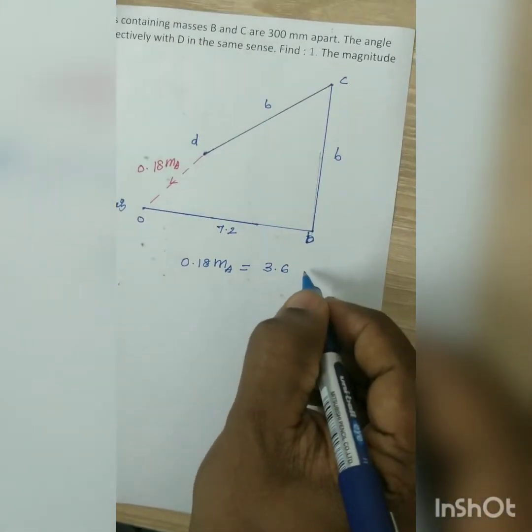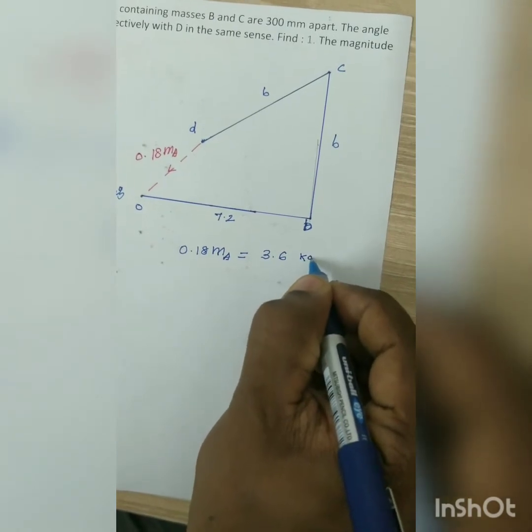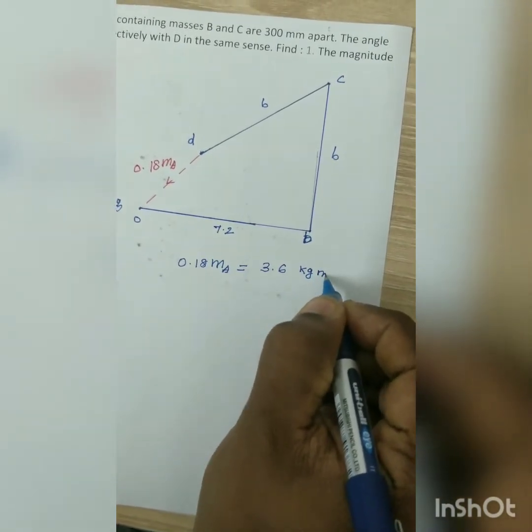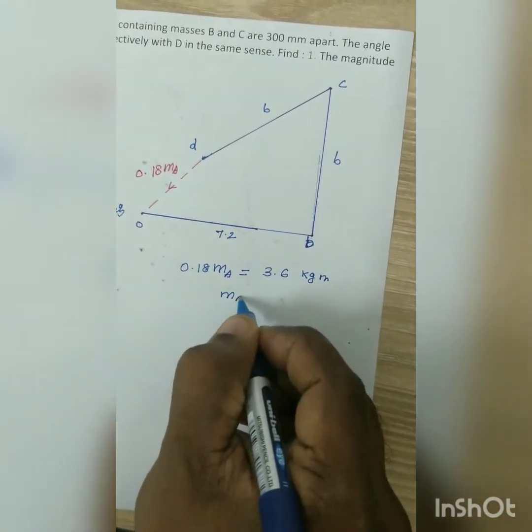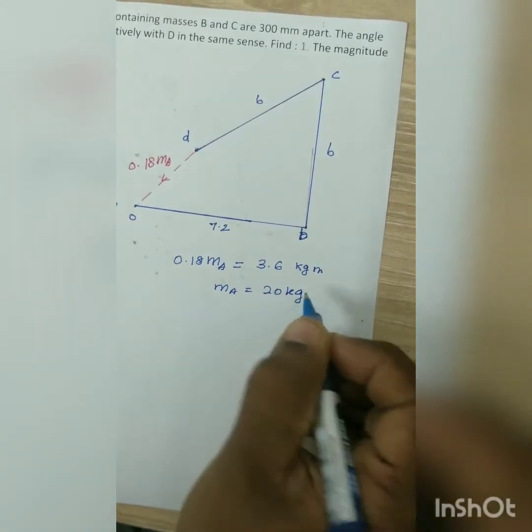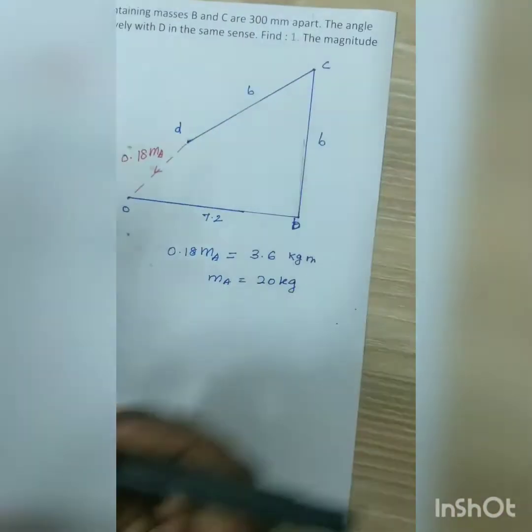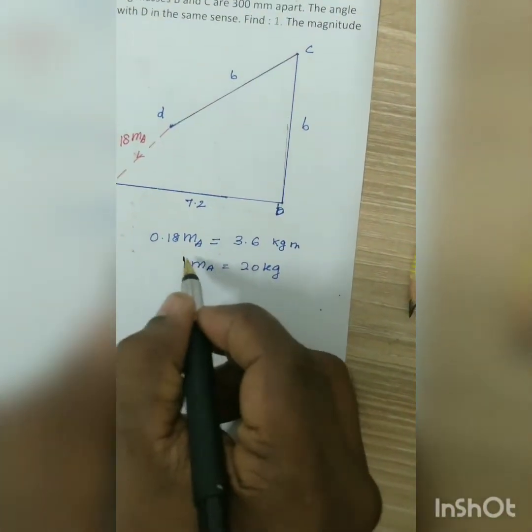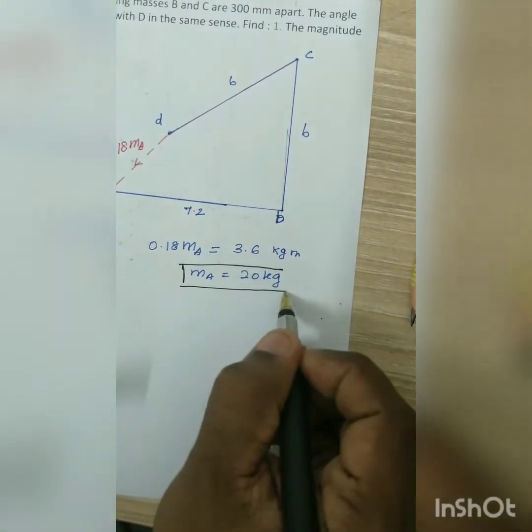So 3.6 will be kg meter square. So we can find out MA, which will be 20 kg. So MA is 20 kg. We have found out the mass of the system.